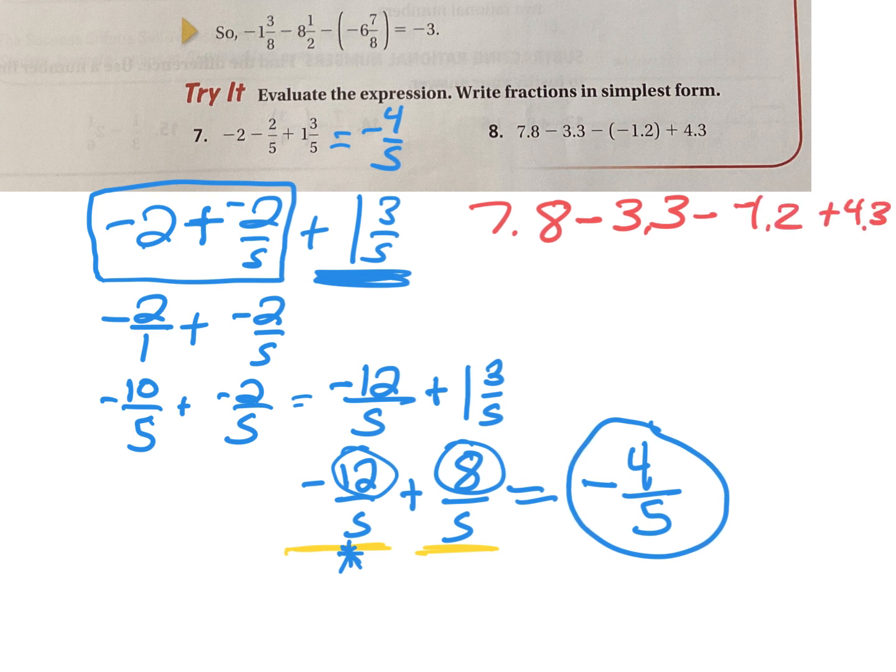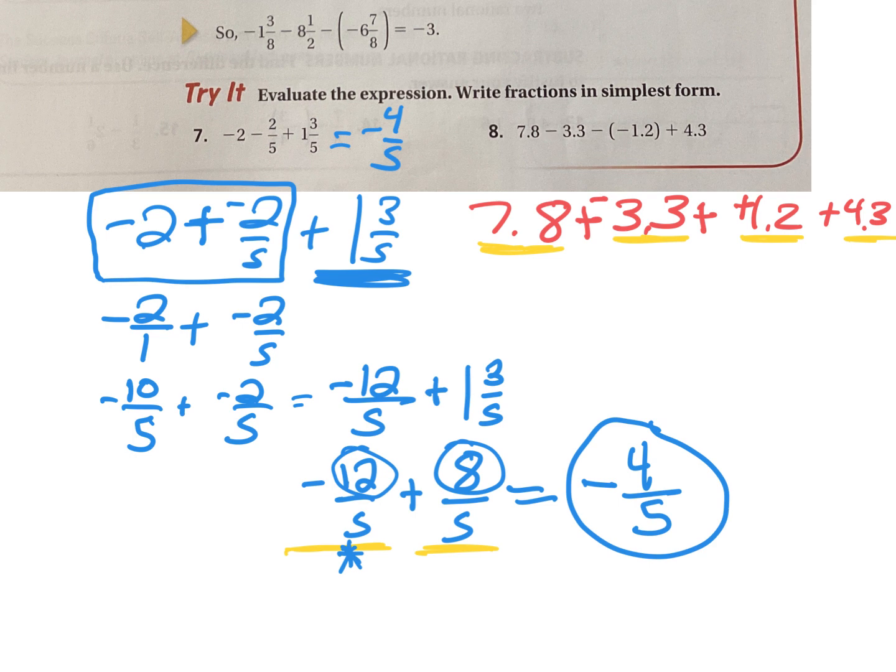Now, I see I have 2 subtraction problems here. I'm going to change those: add the opposite and add the opposite. So now what I really have here is 7.8 plus negative 3.3 plus 1.2 plus 4.3.